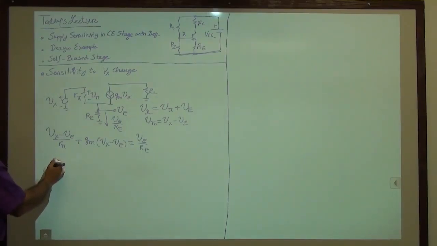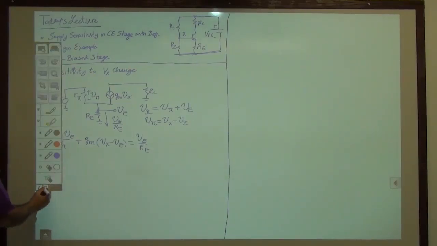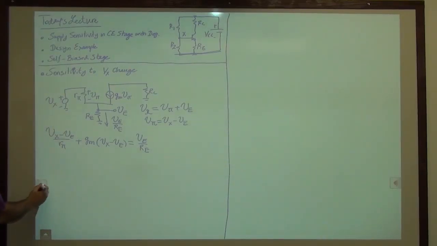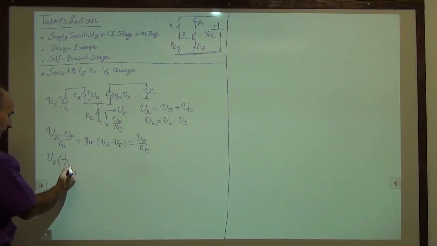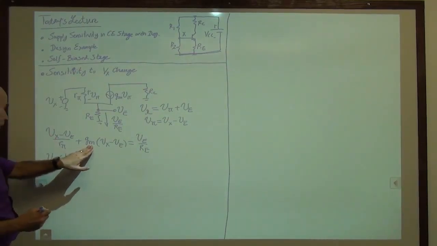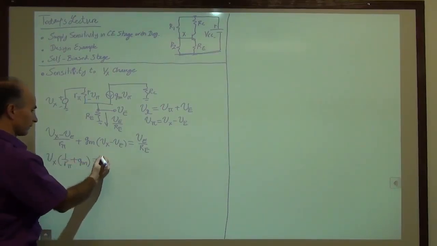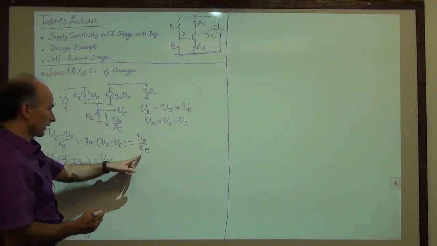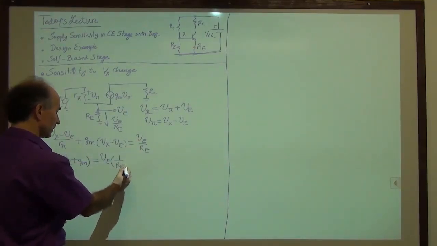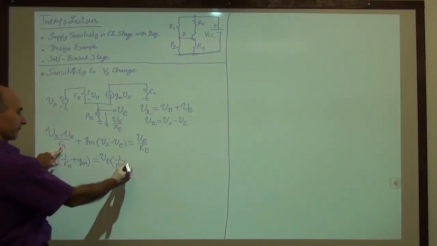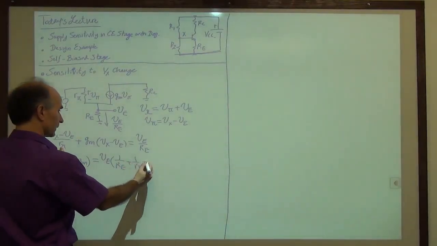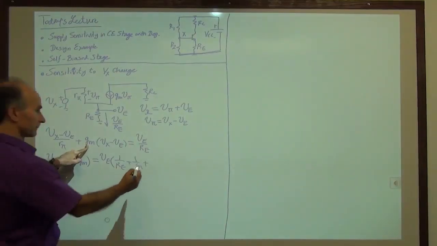We factor Vx out to make it a quicker calculation: 1 over R pi here, then we have Gm, and on the other side we have VE times 1 over RE plus 1 over R pi plus Gm.